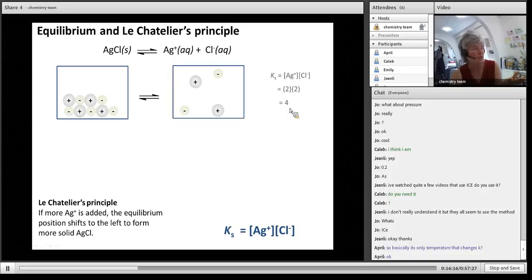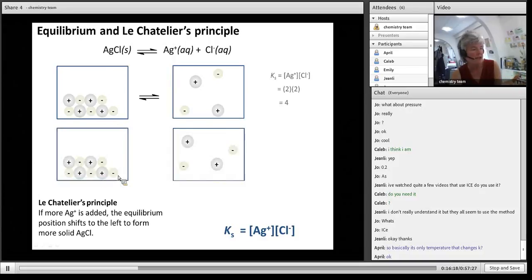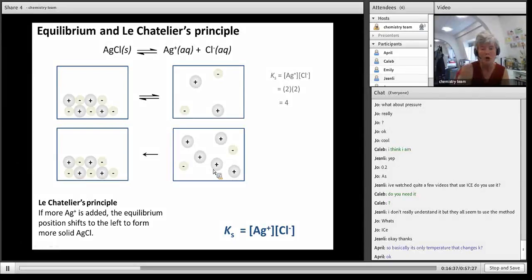Okay, so I've just done it again, but I've now added more silver ions. So I've added a common ion to this mixture. So by Le Chatelier, my stress is adding more silver, so the reaction has to remove the silver to try and keep the ratio of reactants to products the same.